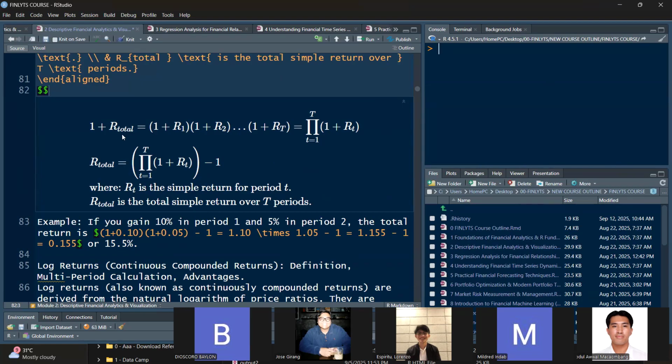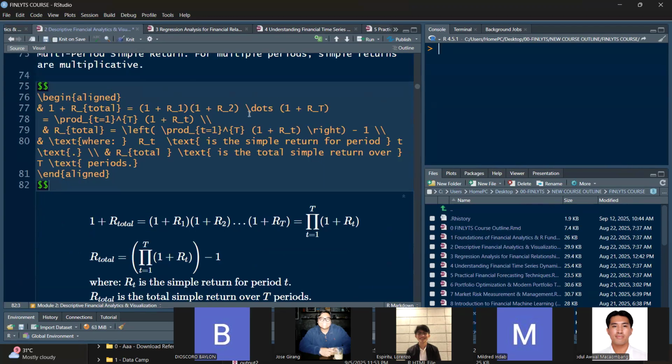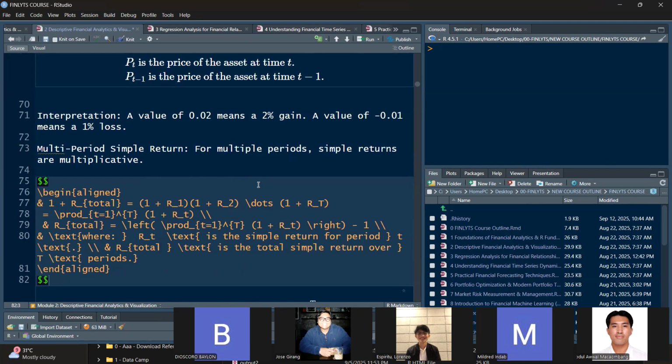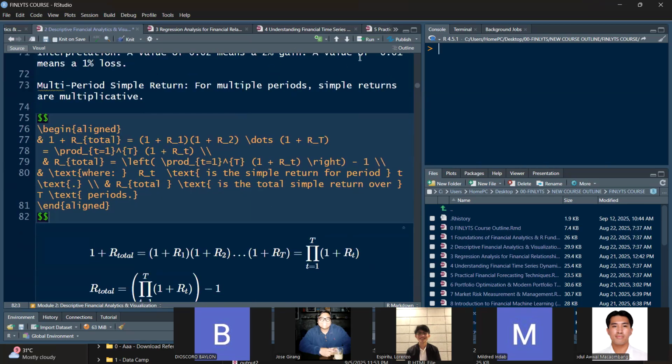Notice that it's R total. It's equal to 1 plus R1, times 1 plus R2, then dots, and then 1 plus R sub T. So what does that mean? R sub 1, class, is just like this one here. It's just like a single period simple return.